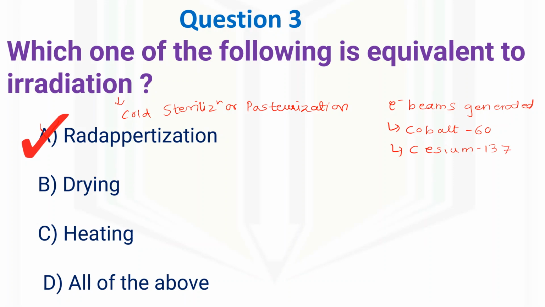So the unit of absorbed dosage is denoted by gray, and this irradiation process will destroy the microorganisms, or it will inhibit the ripening, it will inhibit the sprouting without affecting the flavor and without structural changes in food.